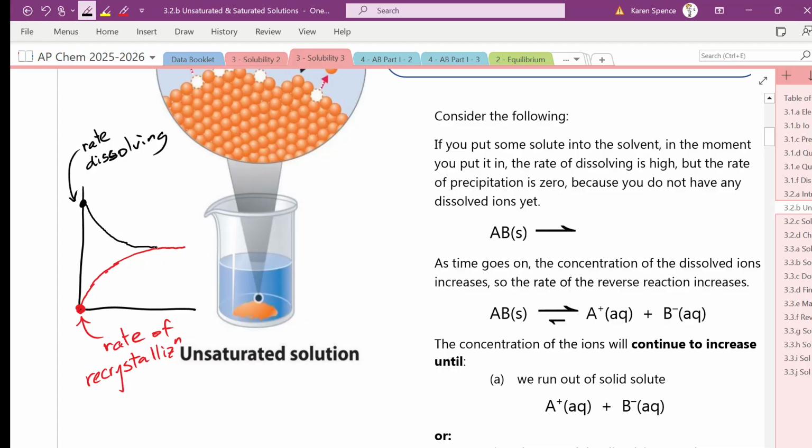And when we hit the equilibrium, at this point, the solution is saturated. Up until that point, the solution is unsaturated.